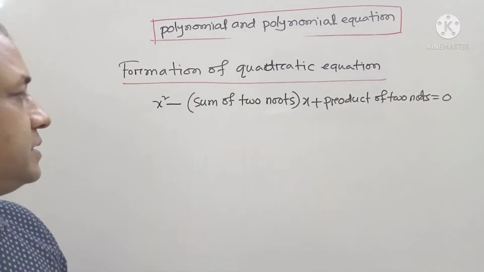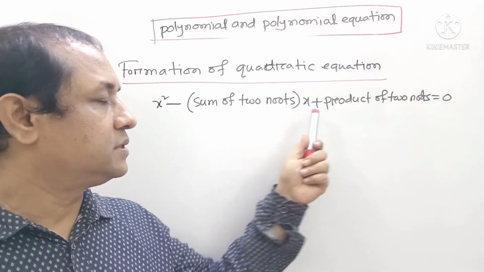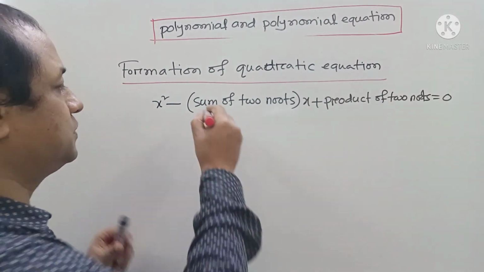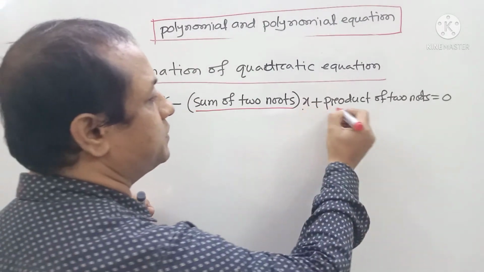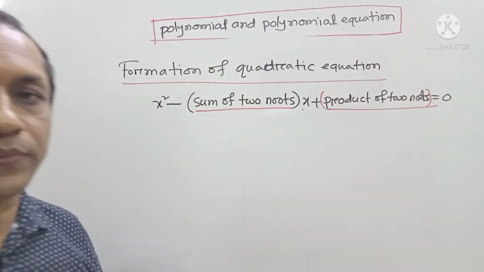So student, memorize it. X square minus sum of two roots into x plus product of two roots equals 0.